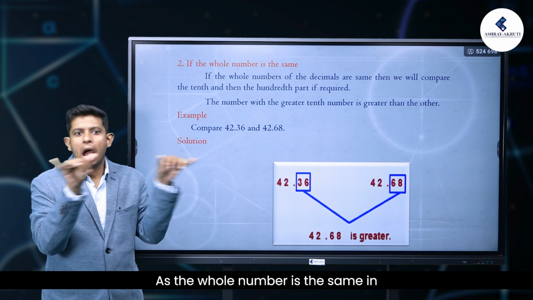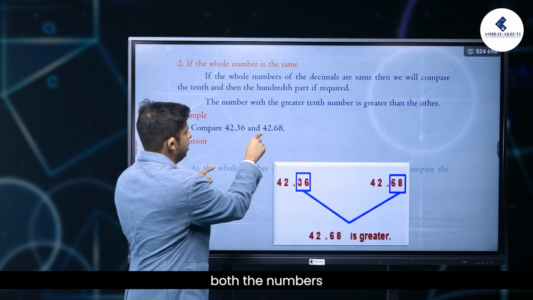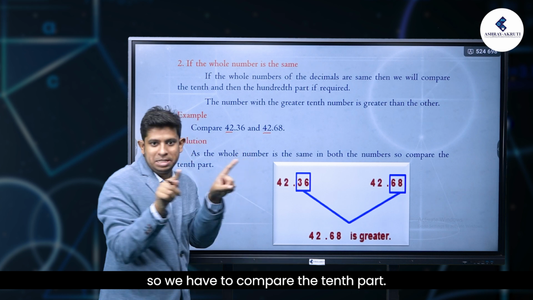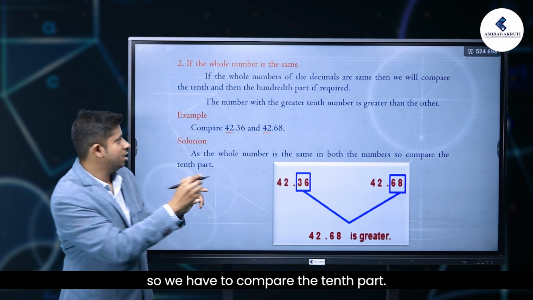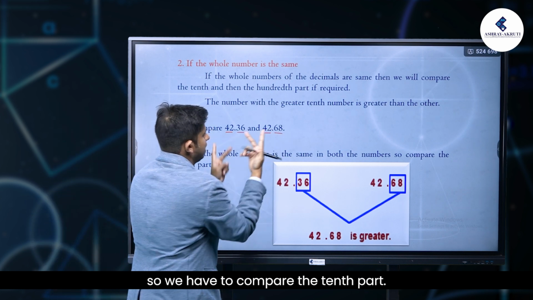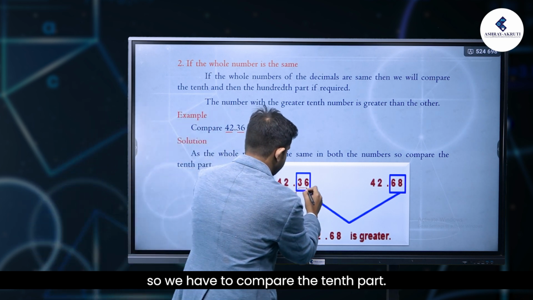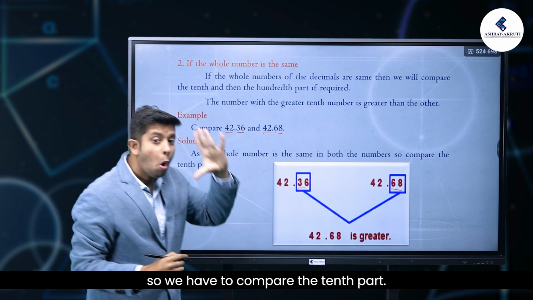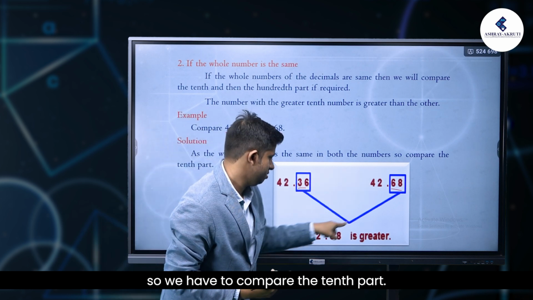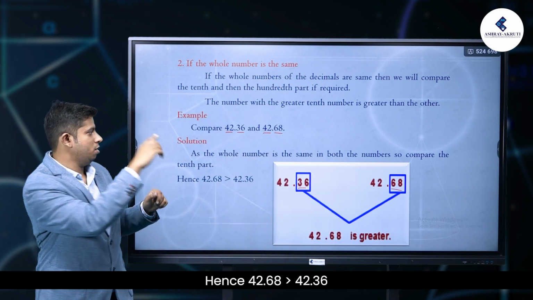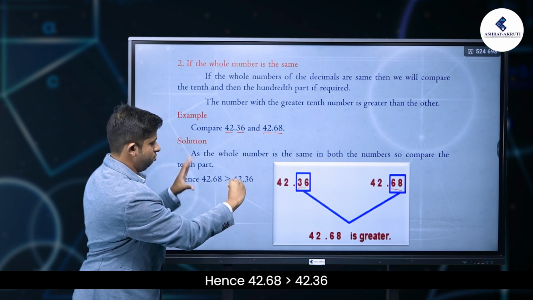As the whole number is the same in both the numbers, we have to compare the 10th part. Hence, 42.68 is greater than 42.36.